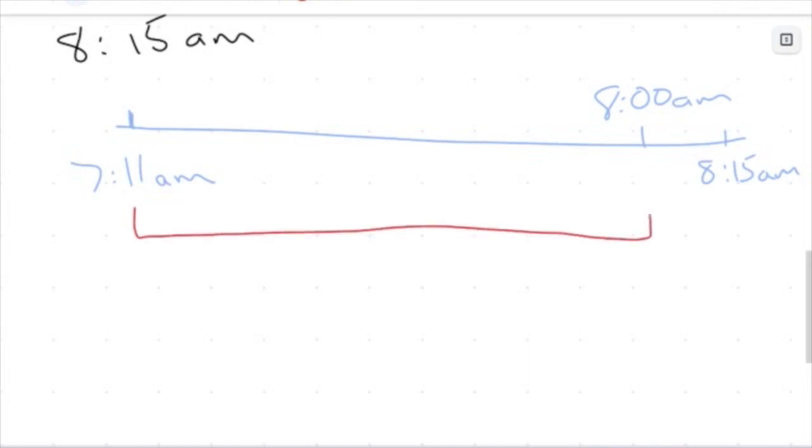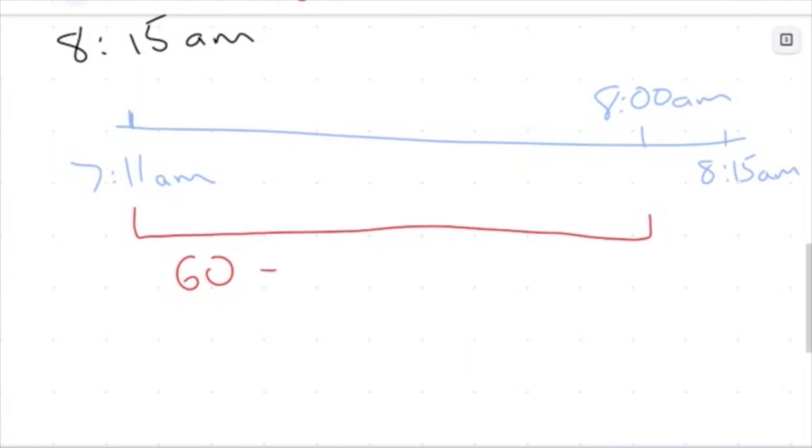Breaking it up and seeing, cool, how long is it going to take for me to get from 7:11 to 8 a.m.? Now, 8 a.m., as we said before, it's going to be 60 minutes in total between 7 and 8. And I want to find the time between 11 and the 60 minutes when my clock rounds up and ticks over to the next hour.